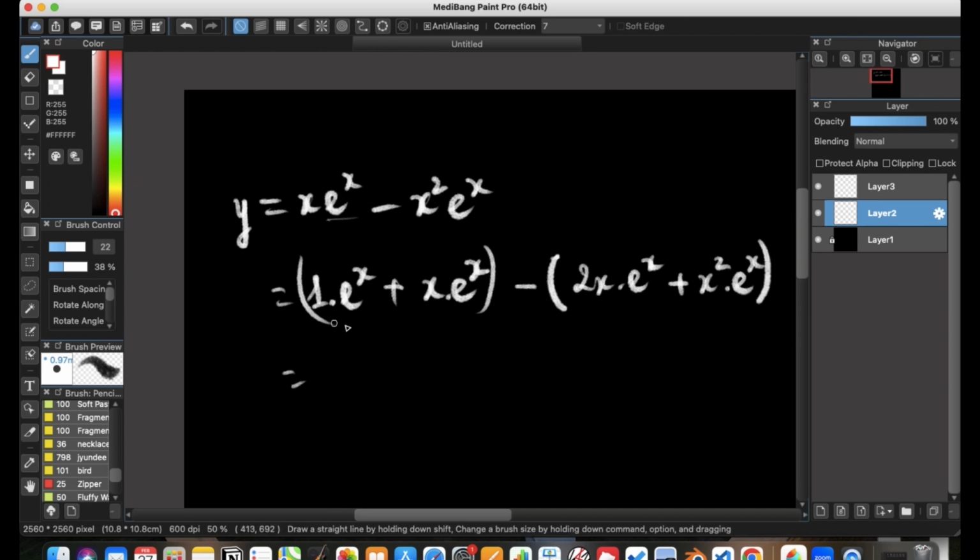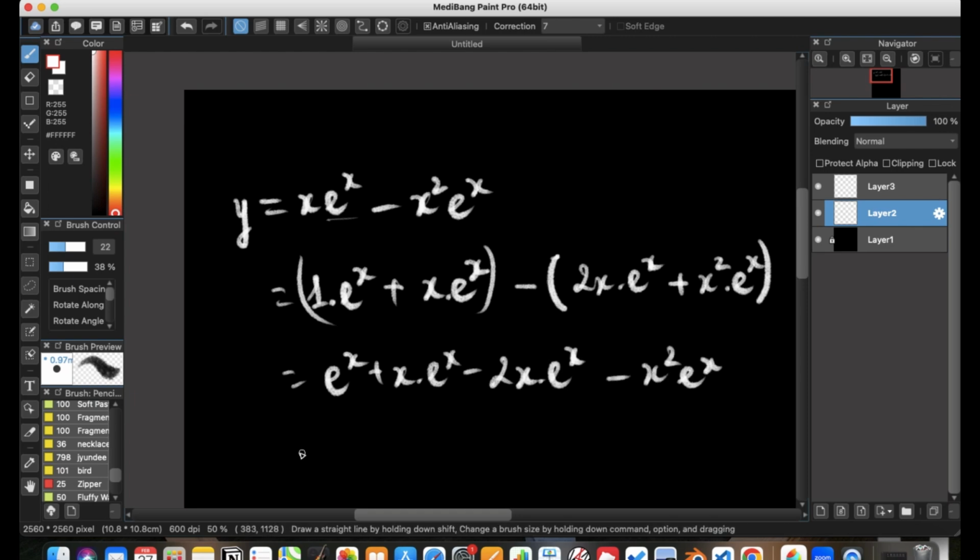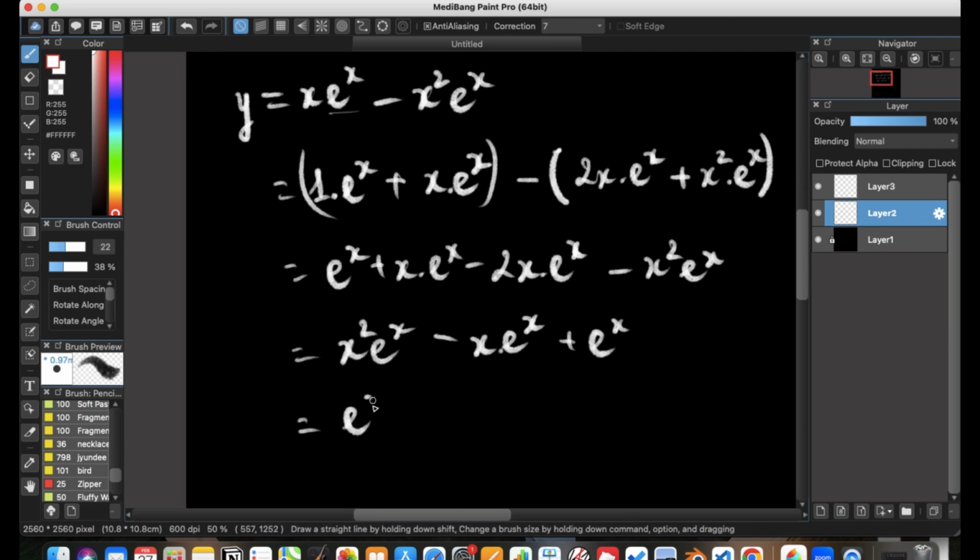And now here we're going to rewrite it like this, and now we see which one can be simplified. It's going to be x to the power of 2 e to the power of x minus x e to the power of x plus e to the power of x, and we're going to factor e to the power of x, and that will leave us with e to the power of x.